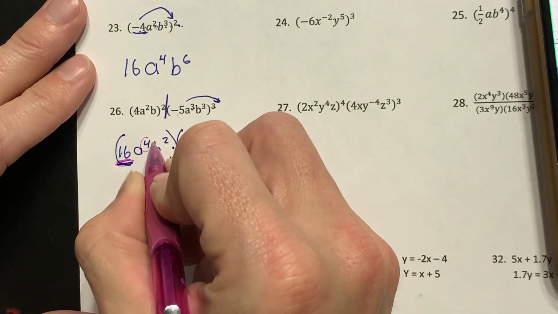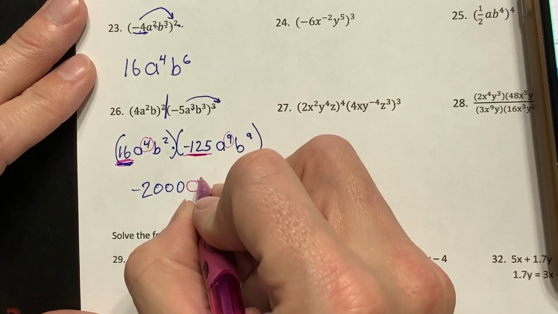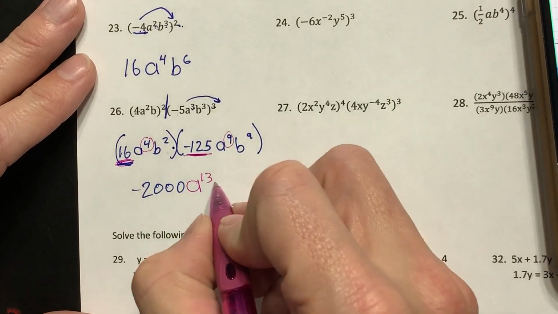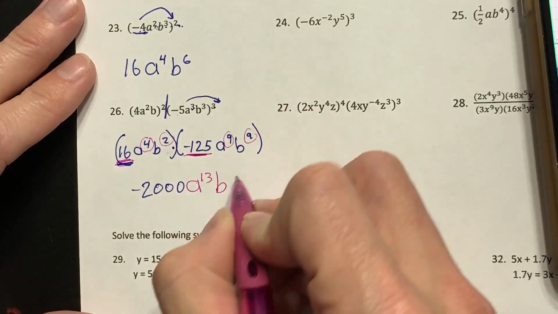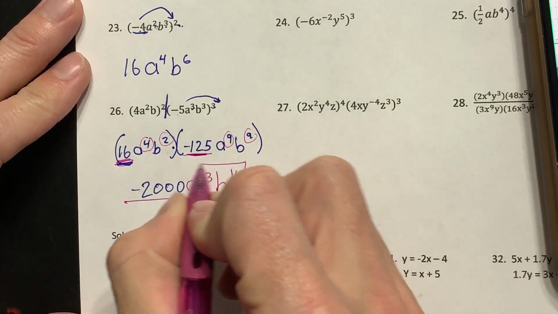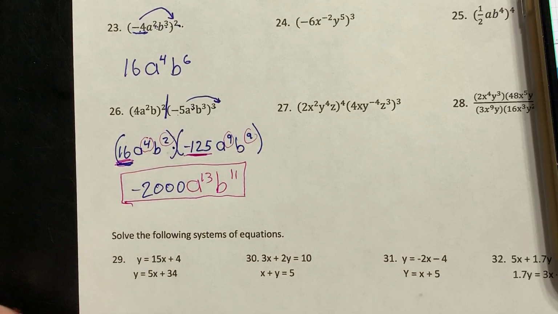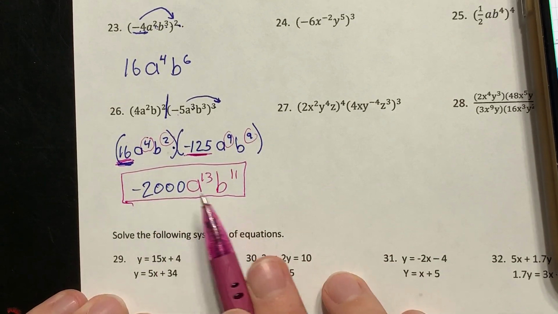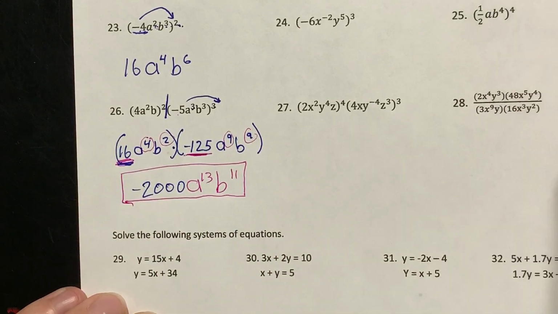I'm adding these exponents. 4 and 9 is 13. B of 2 and 9 is 11. So -2,000, A to the 13th, B to the 11th.